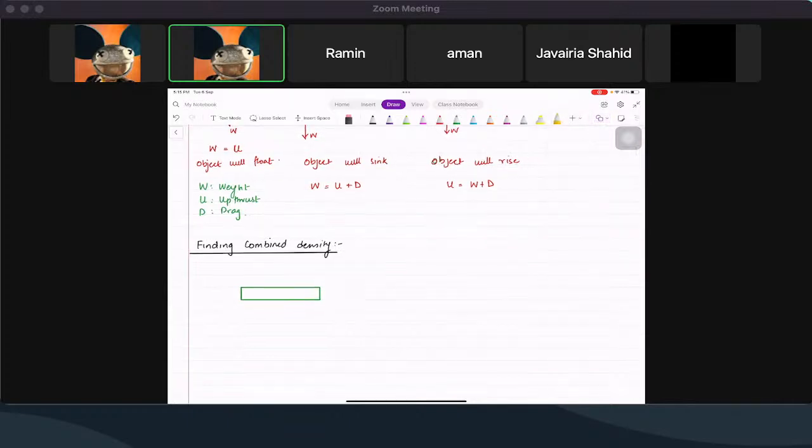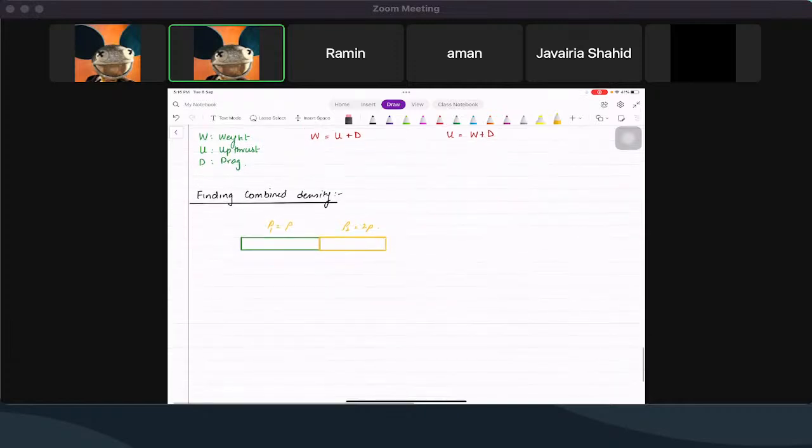Let me just combine with different colors. One of them has a density rho, the other one has density 2 rho, right, like that. So suppose this has a mass m and this has a mass m as well, right?